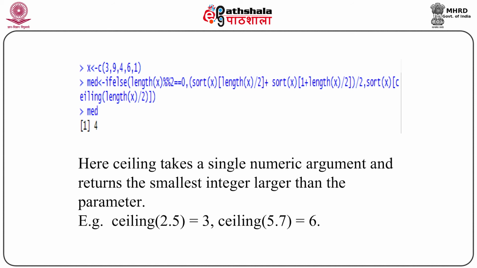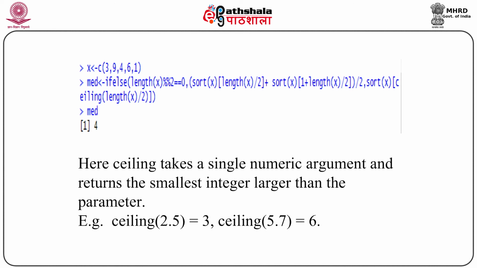One is the value at position length of X by 2 in the sorted series, and the other is the value at position 1 plus length of X by 2 in the sorted series. And if the length is odd, then the work is very simple. The median will be the value at the ceiling of length of X by 2.